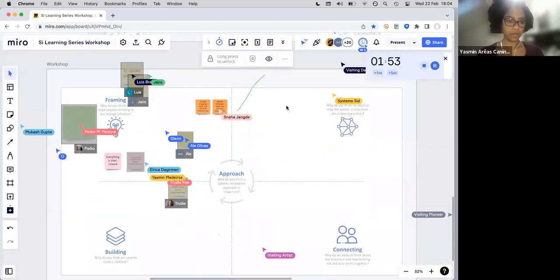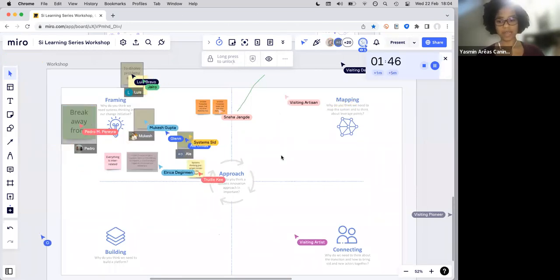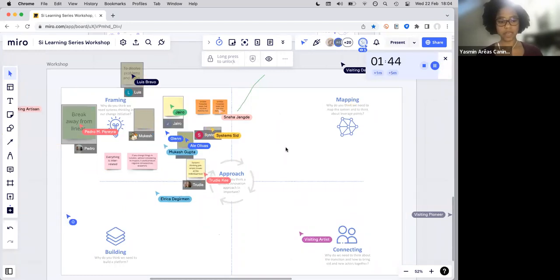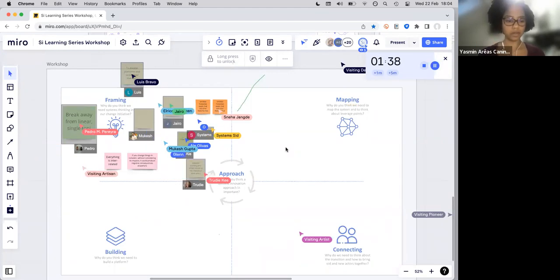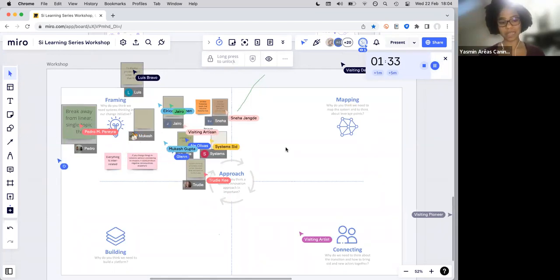And if you have any difficulties with the sticky notes, here on the left sidebar, you have a lot of options, and you can choose the sticky note. Here is the fourth counting from top down.